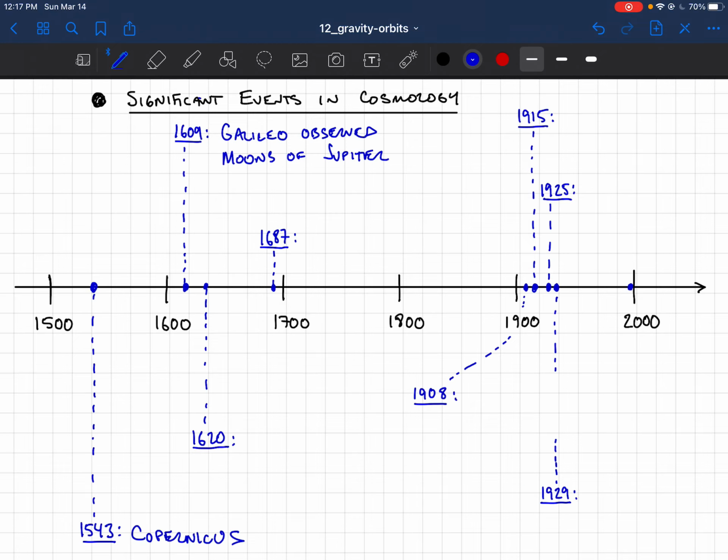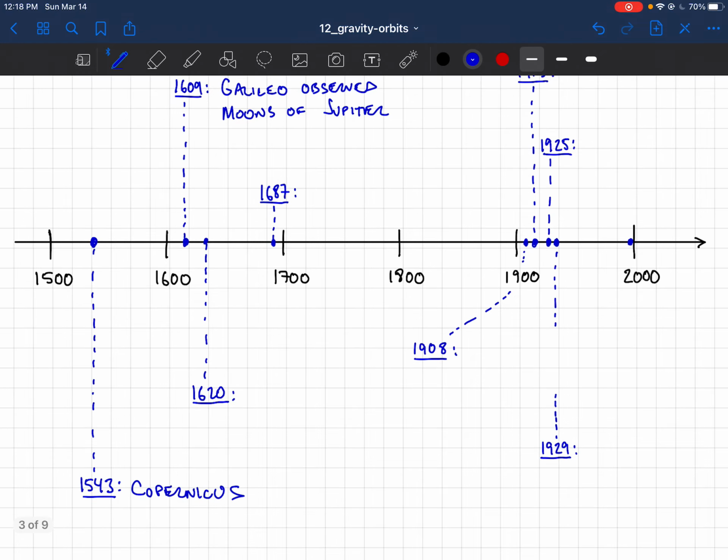And Galileo's observations, along with Tycho Brahe's observations, allowed Kepler to derive his 3 laws of planetary motion.